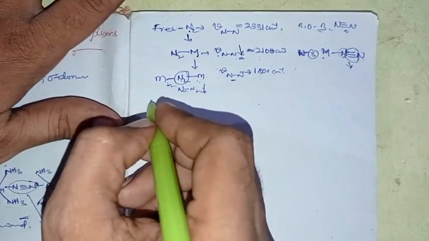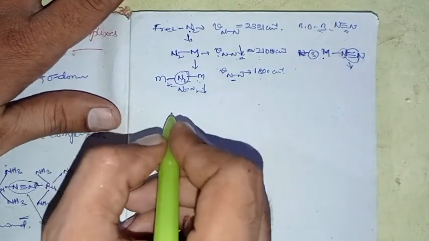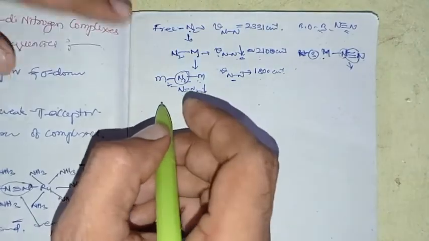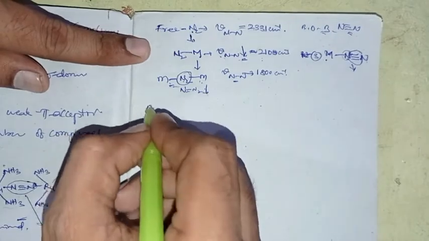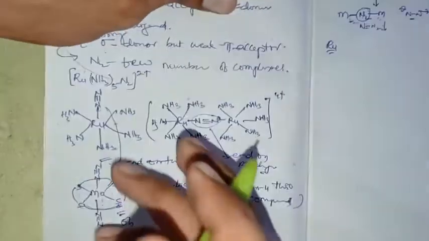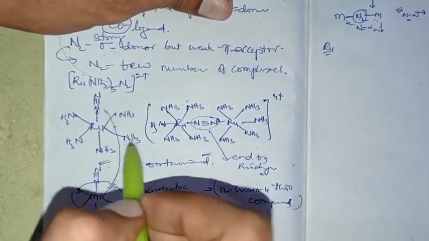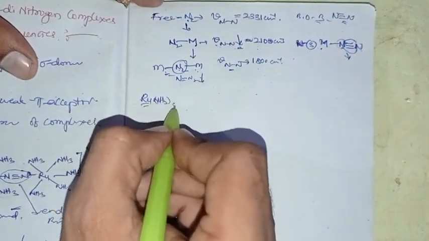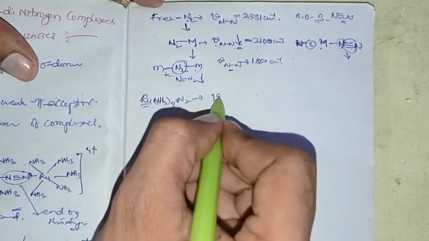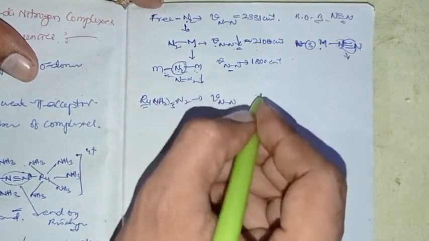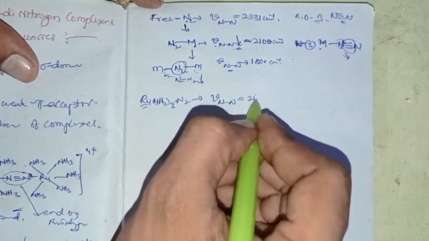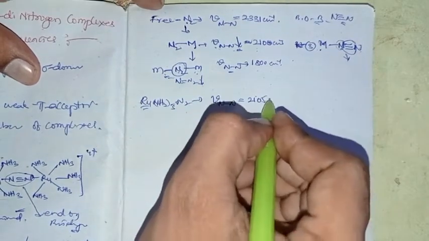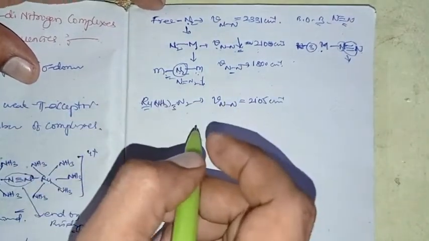That we can examine in examples, right, in complex examples. The ruthenium complex we had in the previous example, this monomer ruthenium, has a stretching frequency of dinitrogen of 2105 per centimeter.